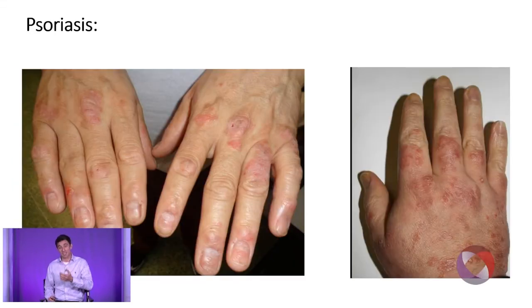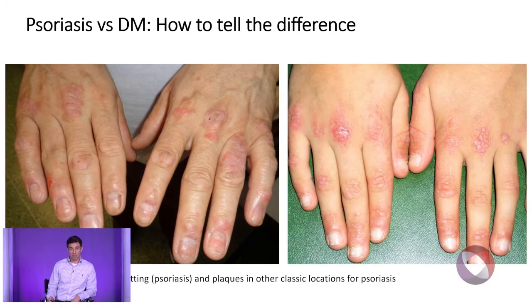Okay, so psoriasis. Look at this. This is very similar to the dermatomyositis-looking hands because you're getting the plaques over the knuckles and the fingers. How are we going to sort this out between dermatomyositis and psoriasis? Short answer, you're probably not. You're going to refer that. But if they have really bad fingernails, pitted, that would tip you towards psoriasis.